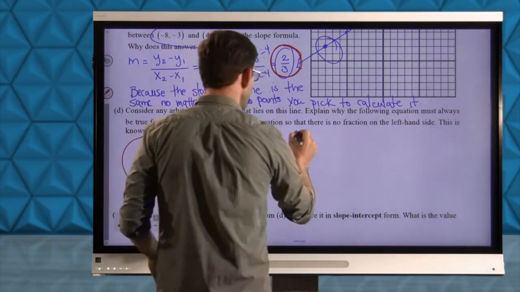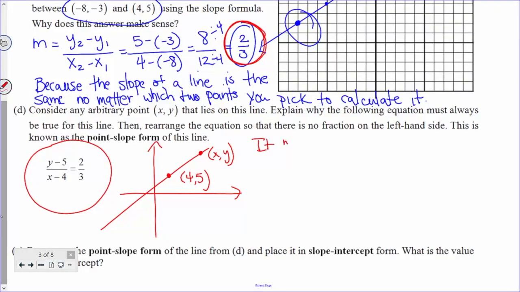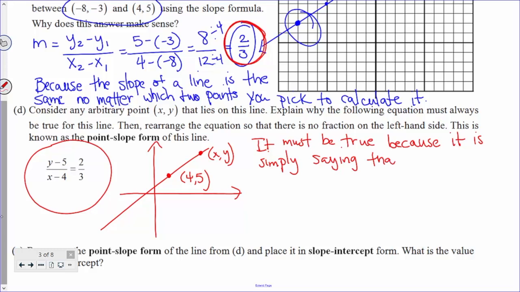Well, it must be true because it is simply saying that the slope between 4, 5 and x, y is 2/3.